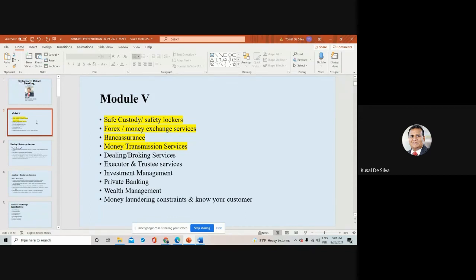I don't know whether you are aware, when we take 100 rupees as a deposit, we are supposed to keep 4 rupees with the central bank without getting any interest.